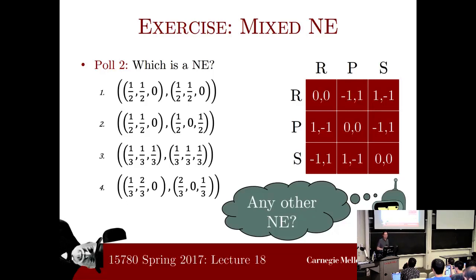But essentially, the idea is if some player is playing a strategy with probability more than 1/3, then the other player can exploit that strategy by playing the strategy that beats it. So the other player would sort of want to play deterministically, but then that can't be an equilibrium because when one player plays deterministically, the other player wants to play the strategy that exploits that strategy. So that's very loosely the kind of reasoning that you can use to prove that 1/3, 1/3, 1/3 for both players is the only Nash equilibrium in this game.